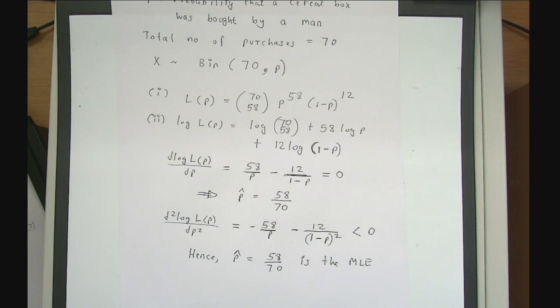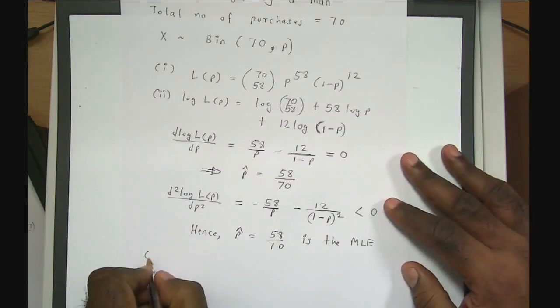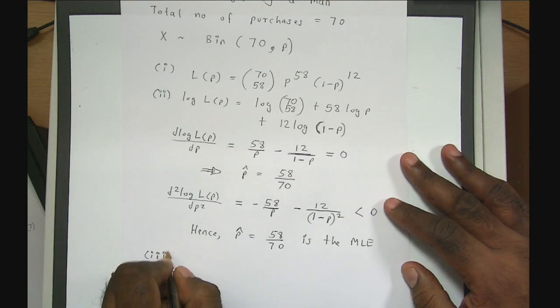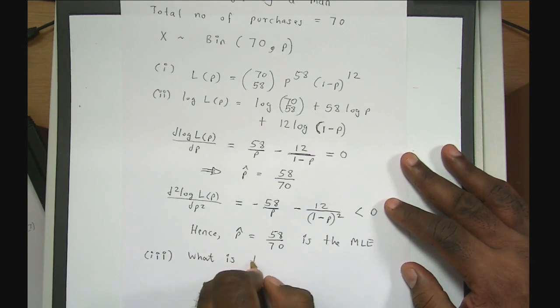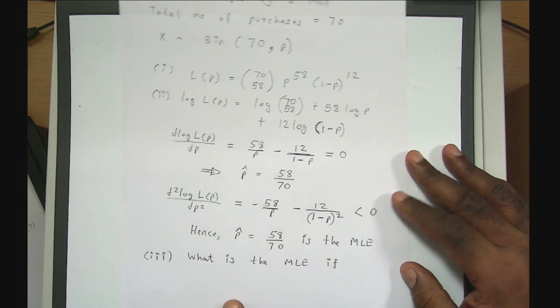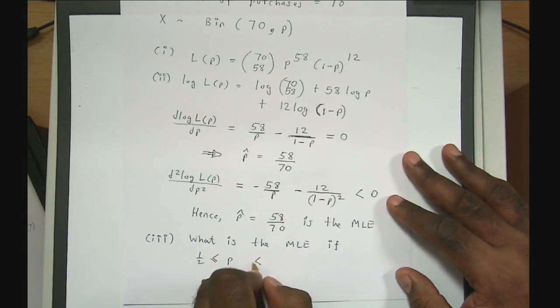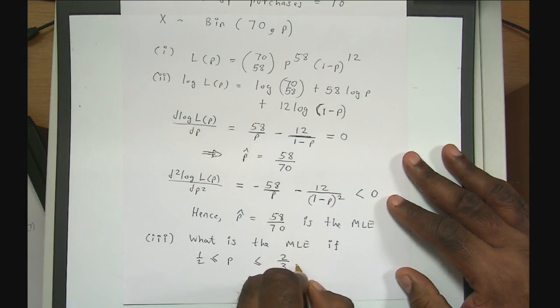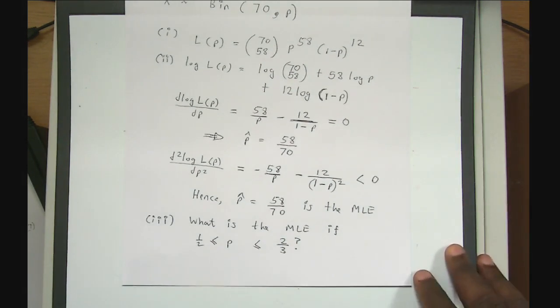Now the last part of the question, part 3, is what is the MLE if P lies between a half and 2/3. How do we do this?